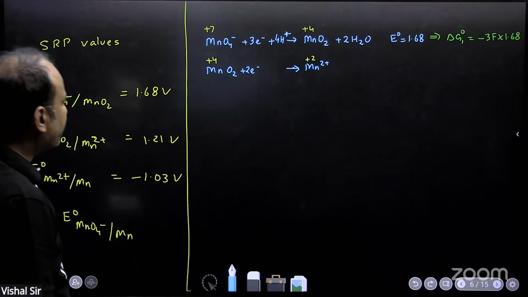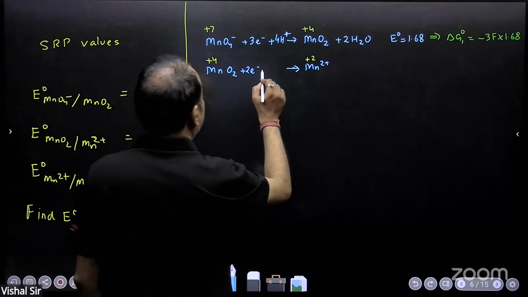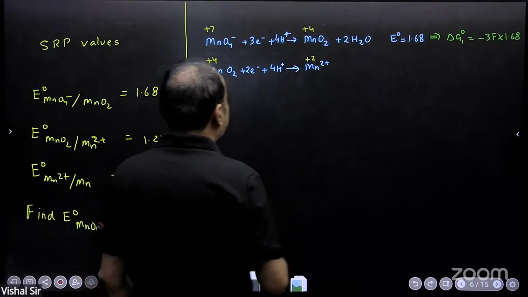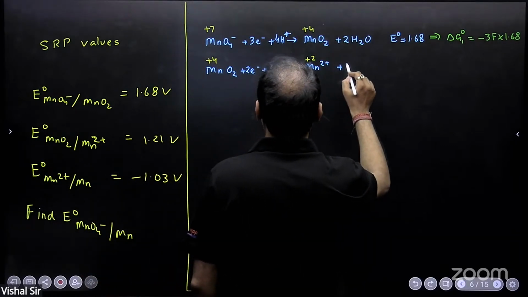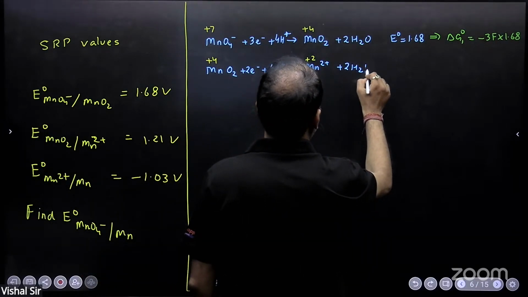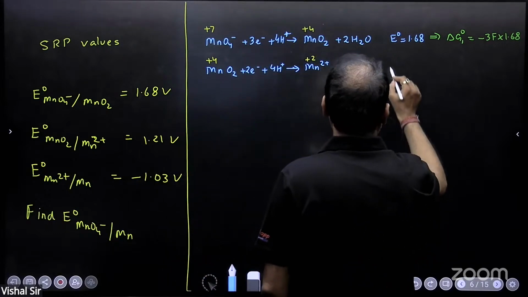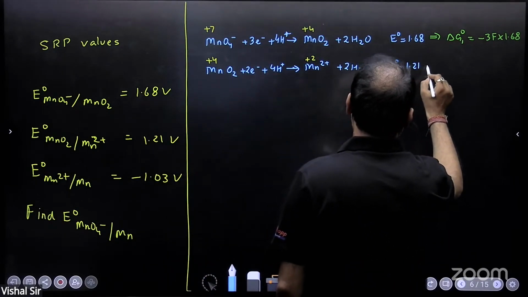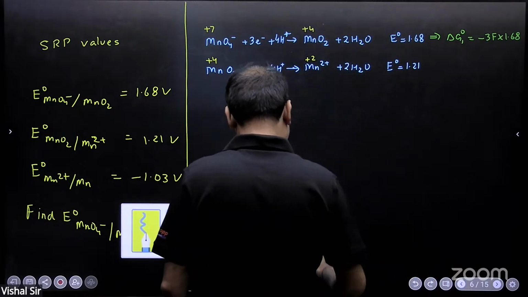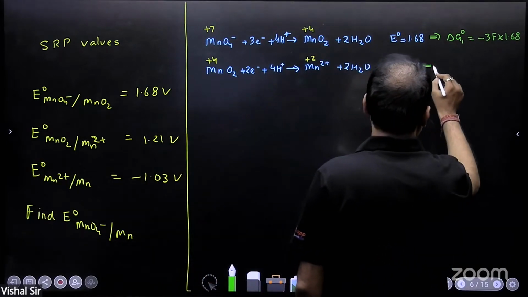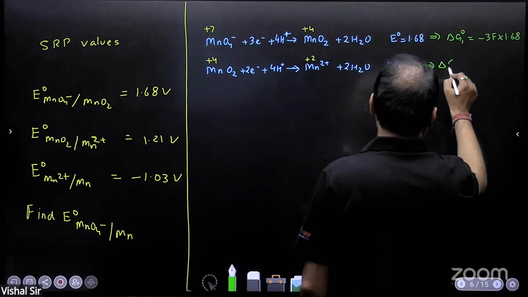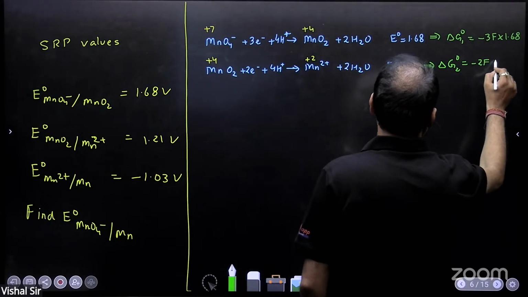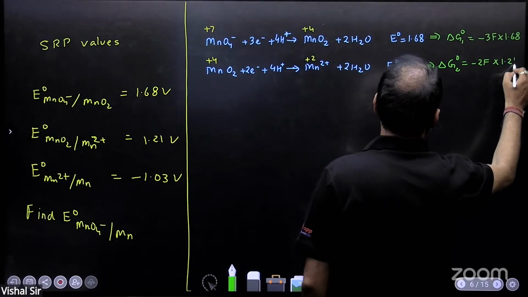For charge balance, I need 4H plus, and for hydrogen balance, 2 water here. E naught of this is given 1.21 volt. So for this, delta G2 naught is minus 2F into 1.21.